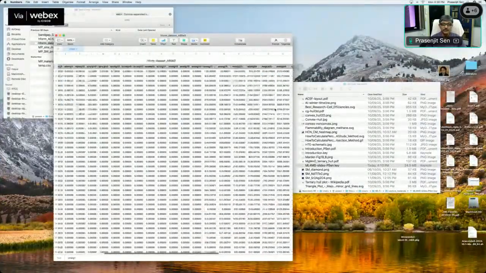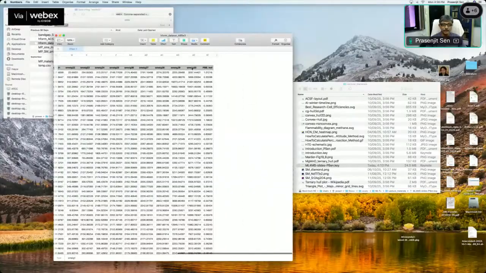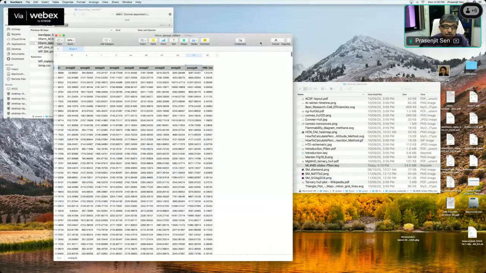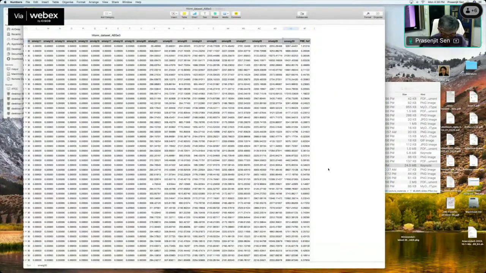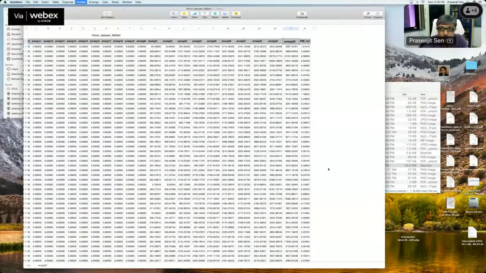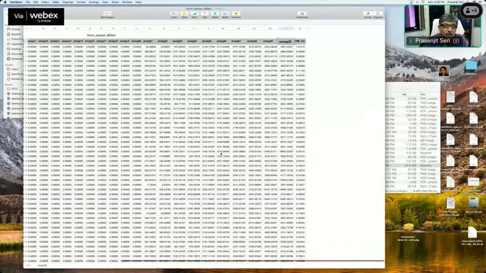We set the maximum number of atoms in the unit cell to be 30. Maybe I should make it a bit bigger so that you can read it clearly. Yeah, so at least you should be able to read that sine matrix eigenvalue 30.